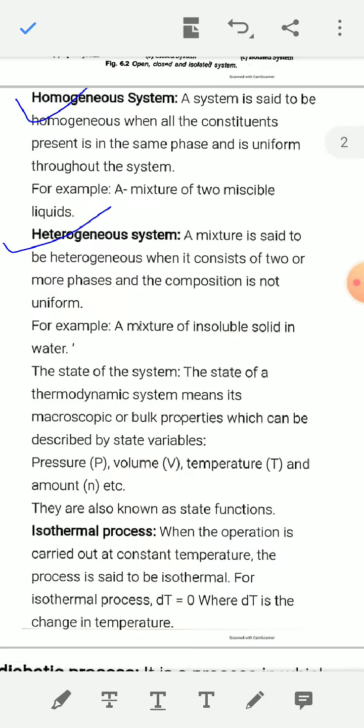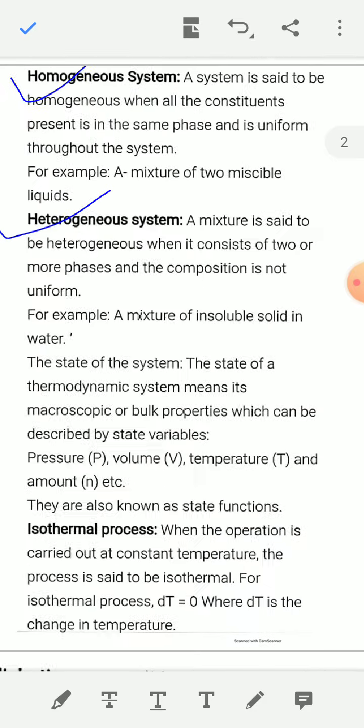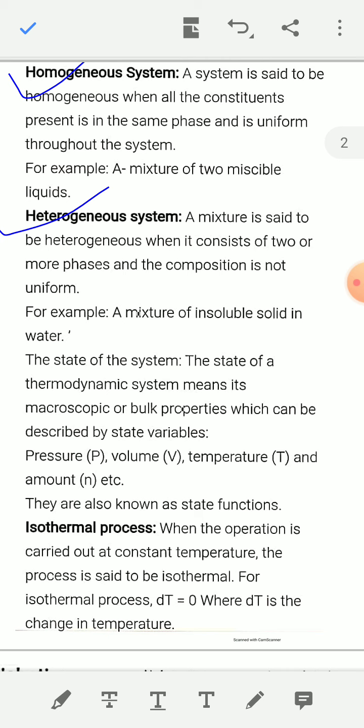All the constituents are present in either gaseous state, solid state, or liquid state. For example, a mixture of two miscible liquids is an example of a homogeneous system.